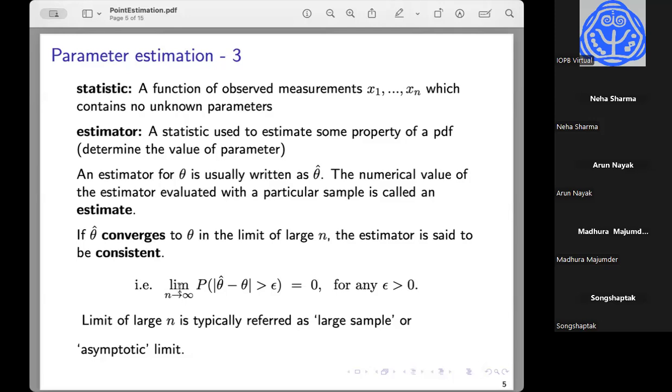That means in the n tends to infinity limit, the probability that theta hat is equal to theta is one; when that happens, the estimator is called consistent. This limit of large n we typically refer to as the large sample or asymptotic limit. So when we talk about the asymptotic limit, this is where the estimator becomes consistent, which basically refers to the limit of a large sample.